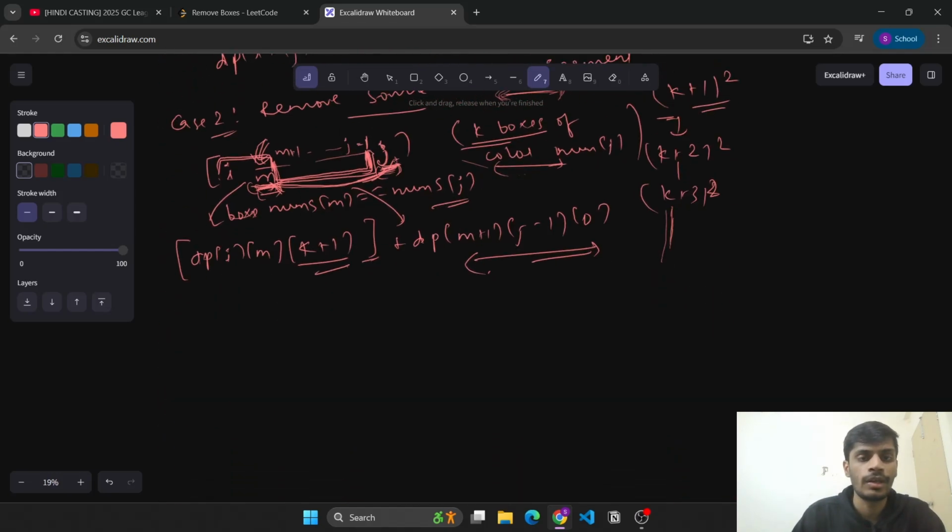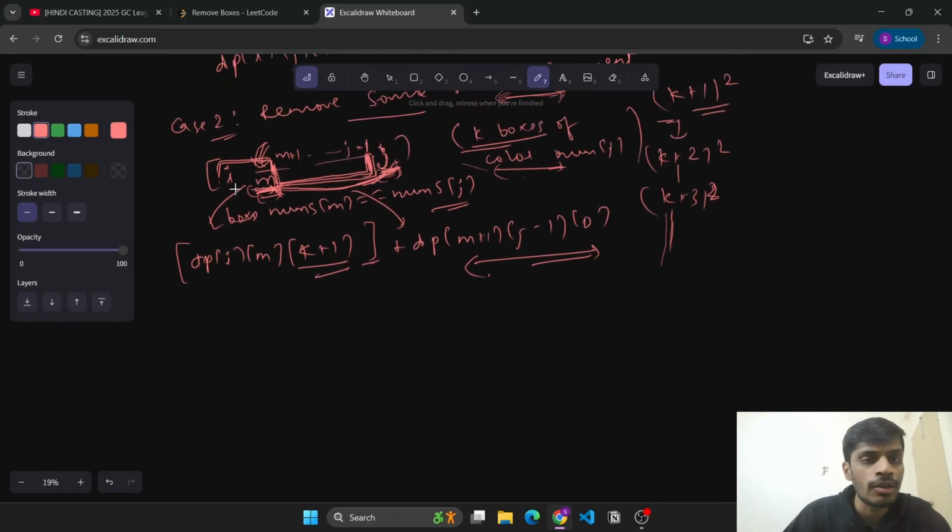Similarly, here we need to solve the problem for i to m, and we have one color here and k here. So we have total k plus 1 boxes of color nums of m, and we'll simply solve the subproblem of m plus 1 till j minus 1, which has now 0 colors on the right because we have removed the entire segment. So this is how we'll be dividing the subproblems.